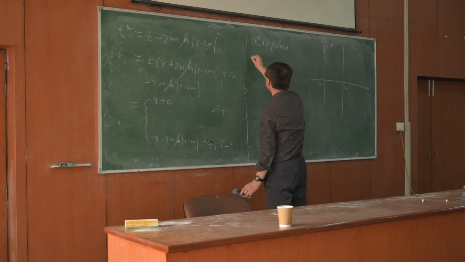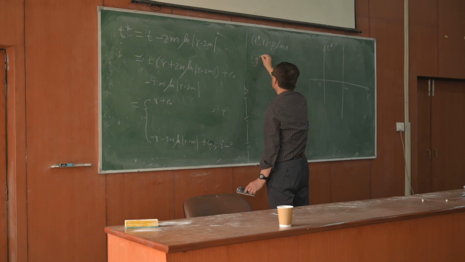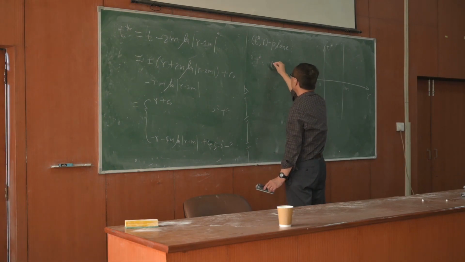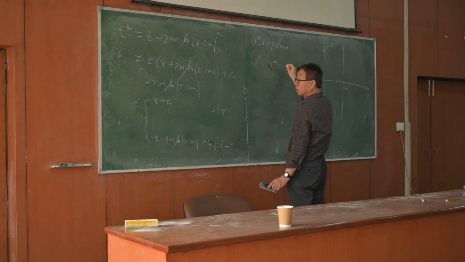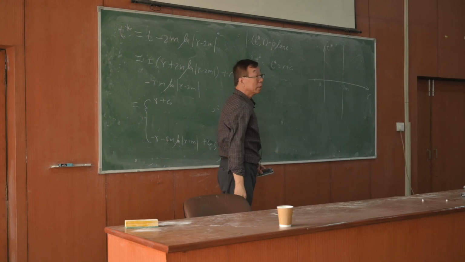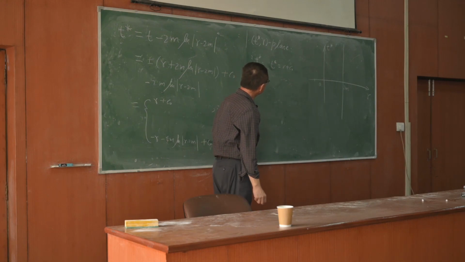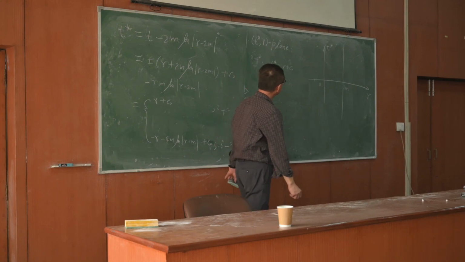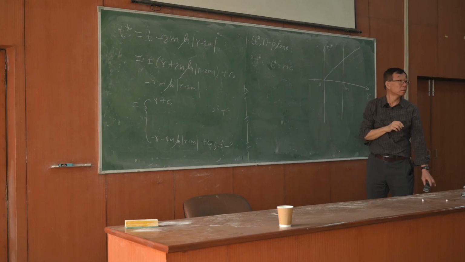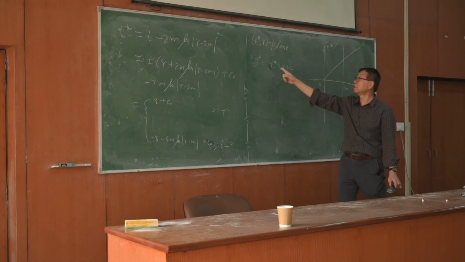Now let's first consider the plus sign, because the plus sign is easy. So this is T star equals R plus C0, right? If I take C0 equals 0, this will be this line, because T star equals R.